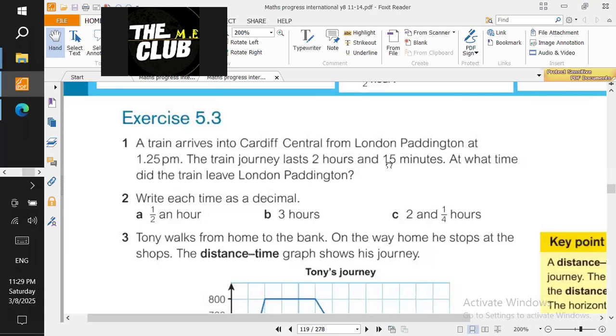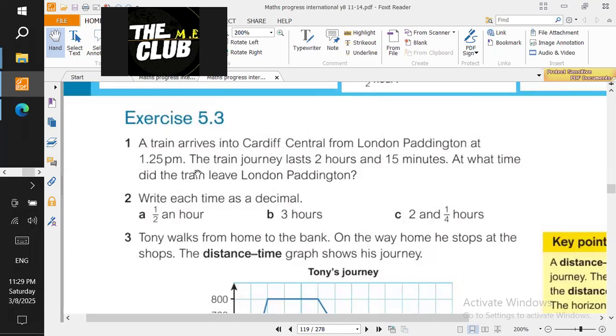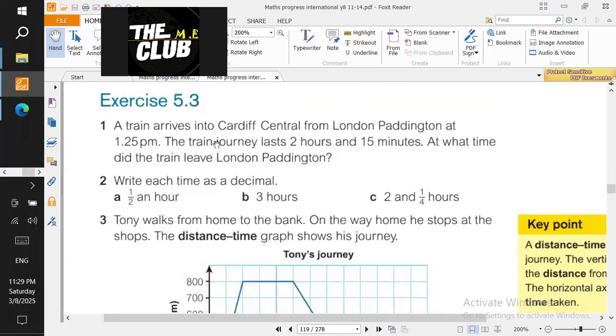Let's see here. First, we have to understand some questions. A train arrives into Cardiff Central from London Paddington at 1:25 p.m. The train journey lasts 2 hours and 15 minutes. At what time did the train leave London Paddington? So you're supposed to go back, because they arrived at 1:25.